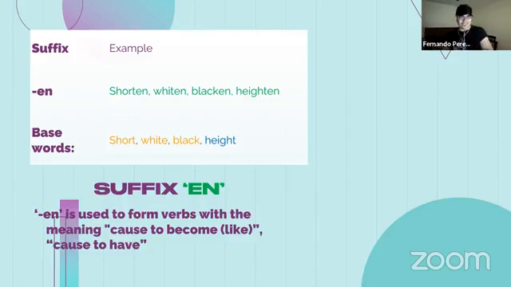Can you repeat this? Yes, of course. Cause to become means that originally it wasn't, but now it is. For example, my pencil was not sharp.